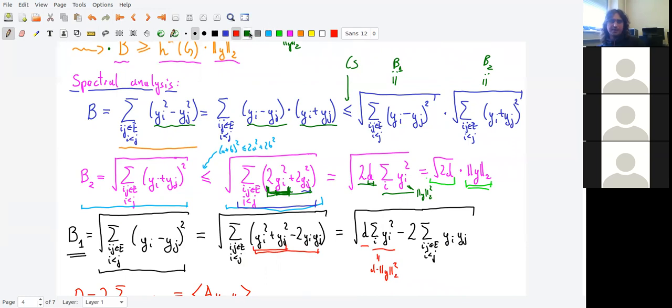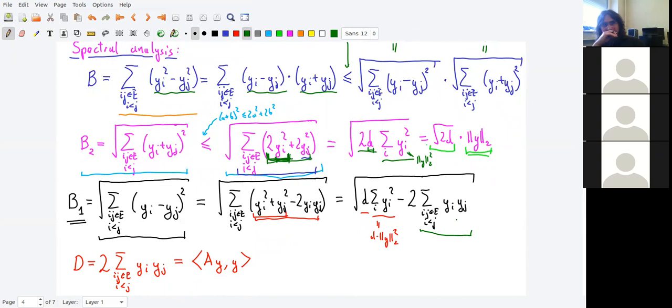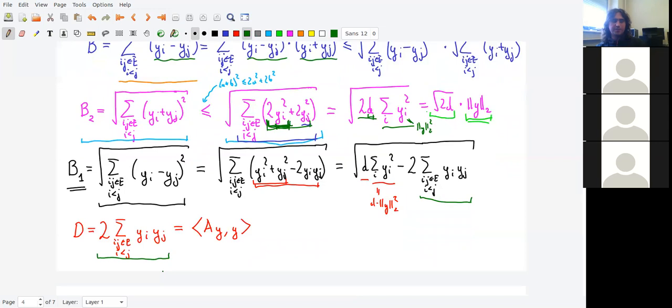And still I have the difference with twice the sum of the products, and this is the interesting term. This is a term that mixes different vertices with each other, and therefore it corresponds to something that is spectrally interesting. So we can rewrite 2 times the sum in the following way.